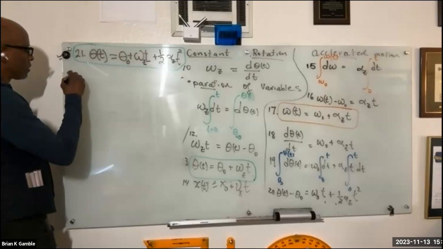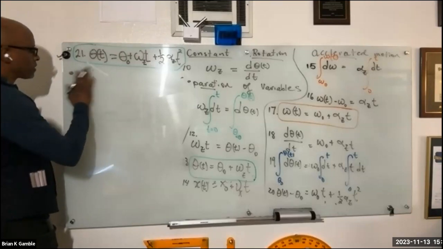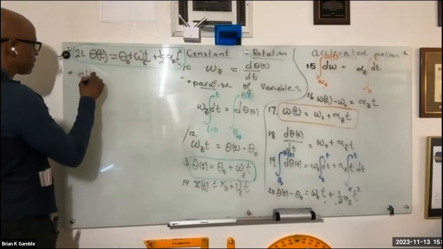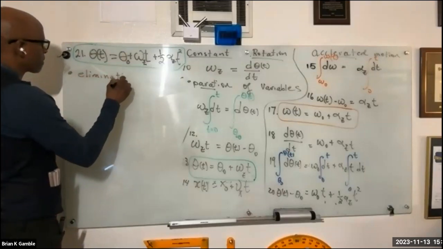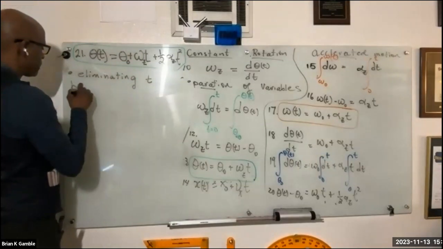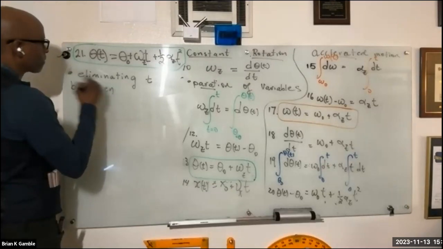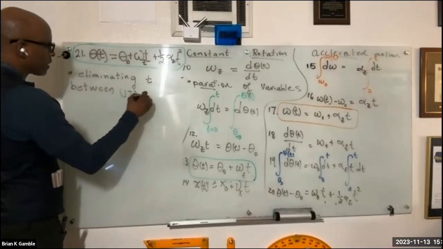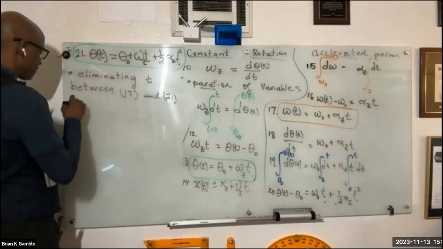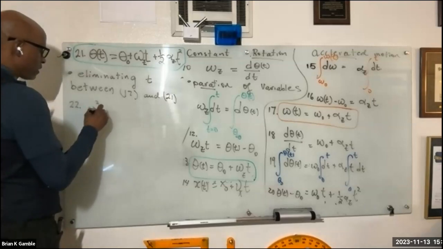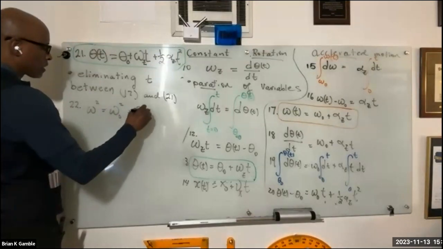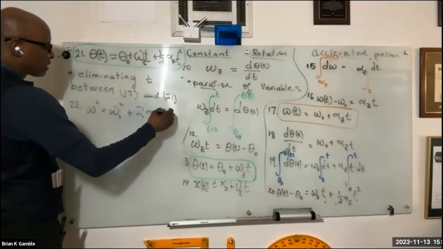So basically eliminating t between 17 and 21, we get omega squared equals omega naught squared plus 2 times alpha z times delta theta.